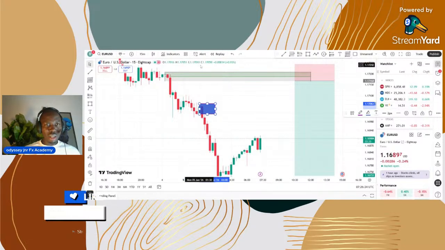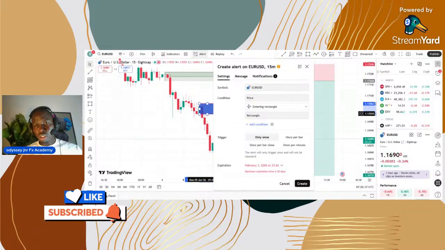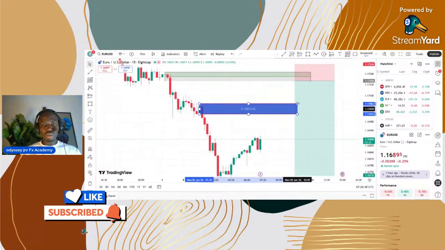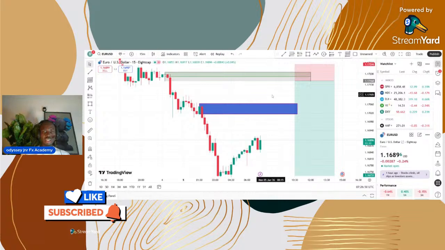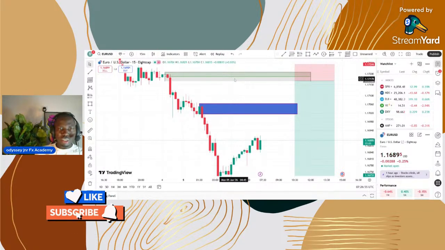I'm going to put an alert here also, 1.1701. So when the market comes to this place, we pay attention to what it does here. And if it's able to take off this other block here, then we definitely have to enter here.